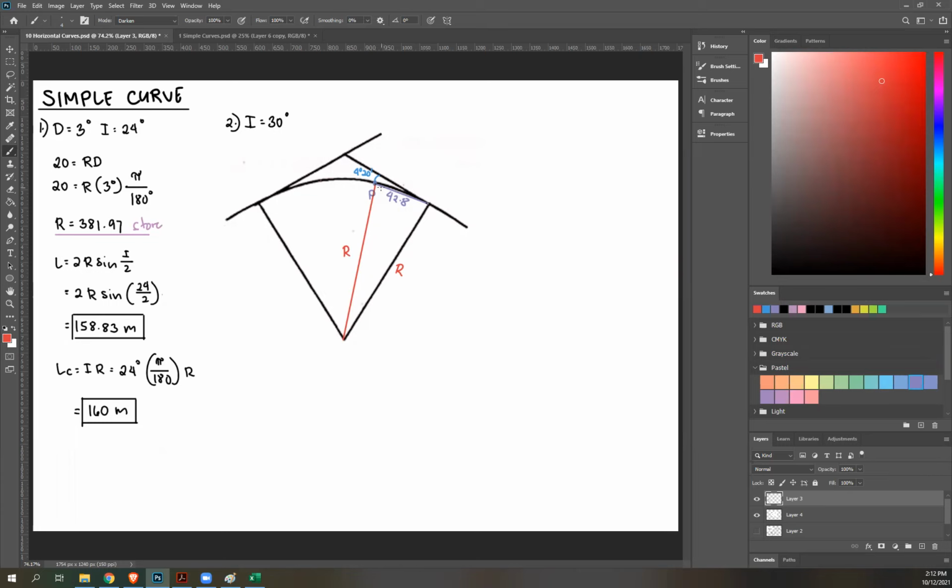If you have a chord here, and I draw a line from the center of my circle bisecting that chord, meaning this is half of 42.8, half of 42.8, it also bisects this angle, okay? And this angle is equal to 4 degrees, 20 minutes as well.